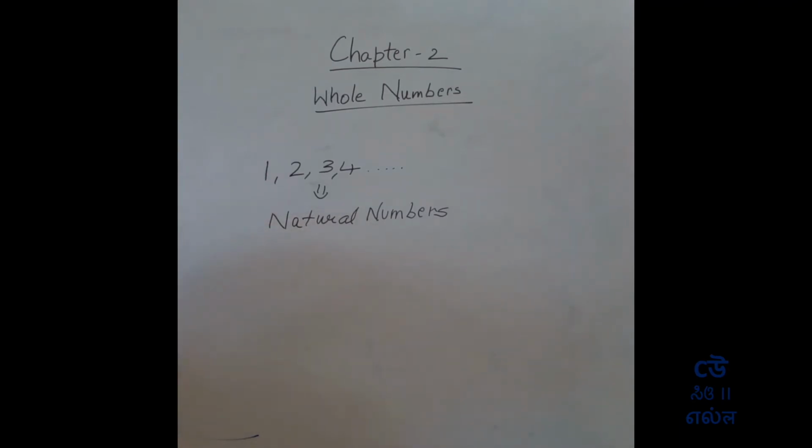Okay, next, for any natural number, if we add 1, like for 1, if we add 1, what will we get as the answer? We'll get 2 as the answer, right? So next, for 2, if we add 1, we'll get 3 and so on.